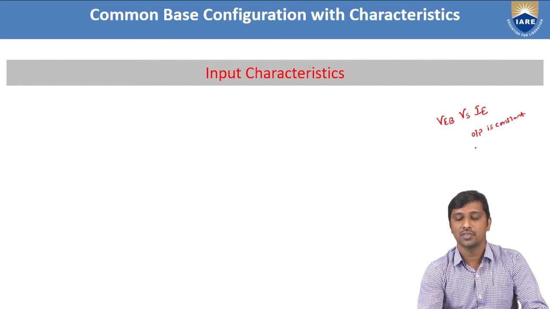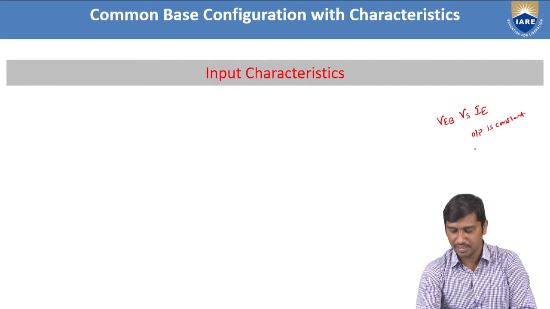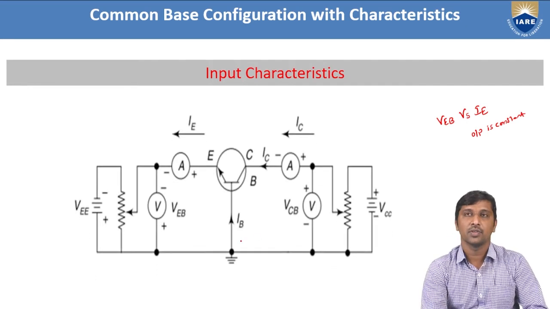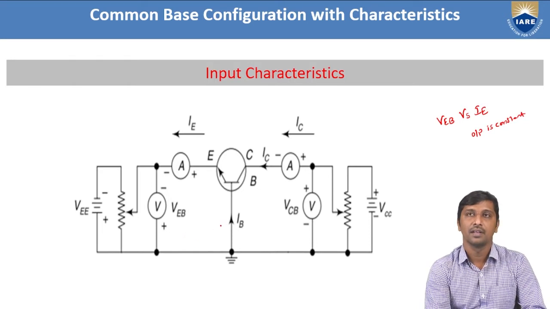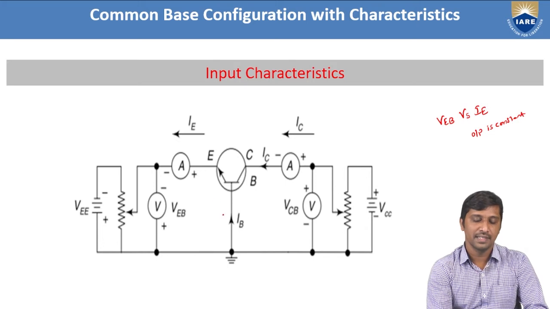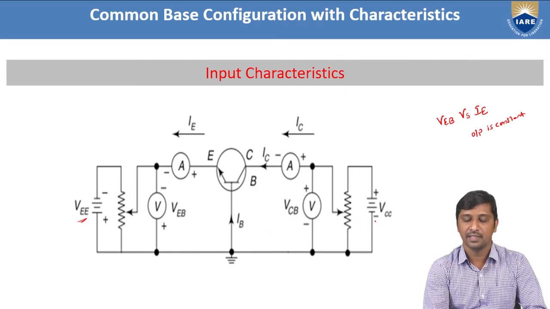Here I am representing the measuring parameters, and I consider the same configuration. The emitter base junction is forward biased with respect to VEE, and the collector base junction I made reverse biased with respect to the biasing VCC.